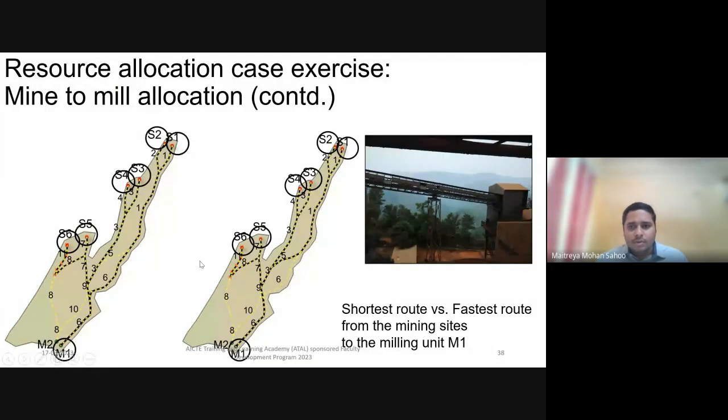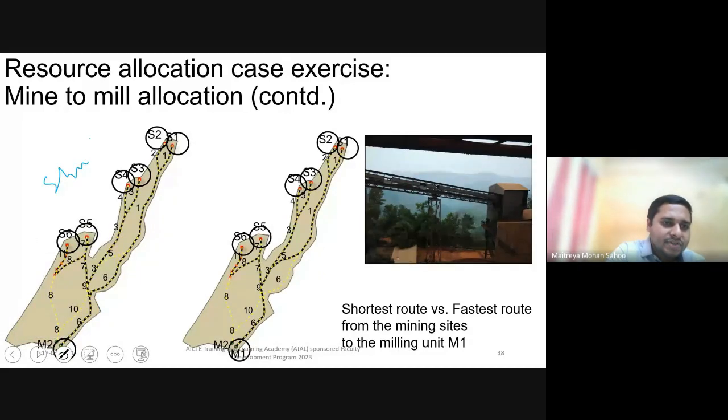this is the representation of the shortest route, and this is the representation of the fastest route. So here we see that there are some differences, especially at this location.